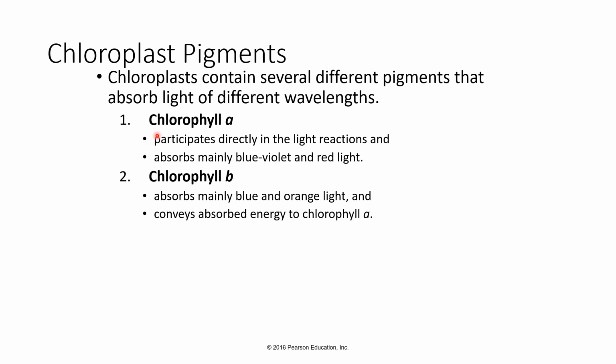The reason why we see it green is because the green light is going to be reflected, and the chlorophyll pigment is going to absorb the blues and the violets and the reds and the yellow, and that's why the leaves are going to appear green for us.